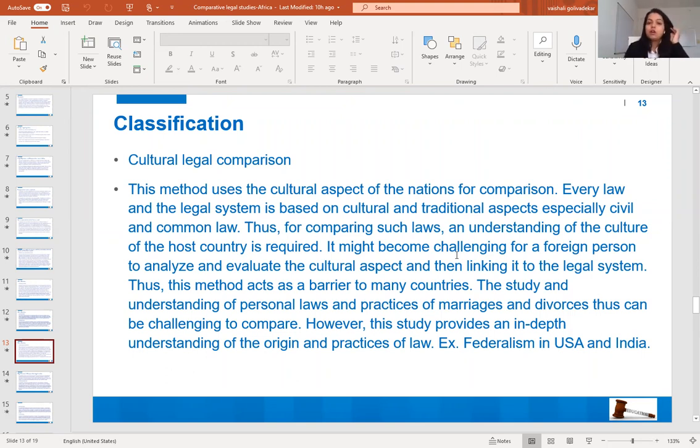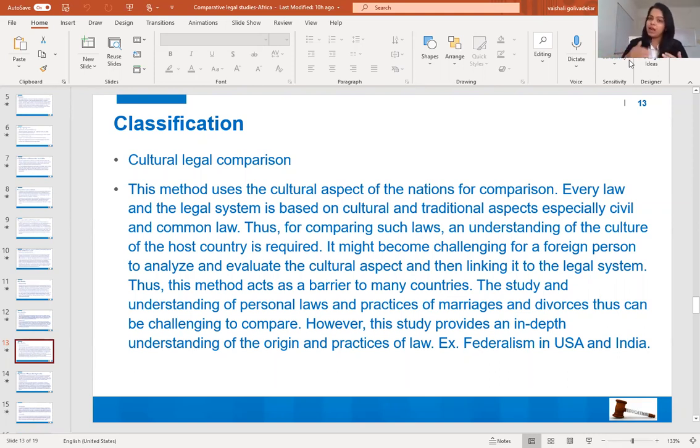For example, federalism in USA and federalism in India. US is a federal country. India is also a federal country, right? So India borrowed federalism from the US. We know that. Same thing, federalism. It is there in the US, it is there in India. But the same federalism which is there in the US is not applicable in India, right? Because Indian society is different. India was ruled by Britishers, so it is more unitary.